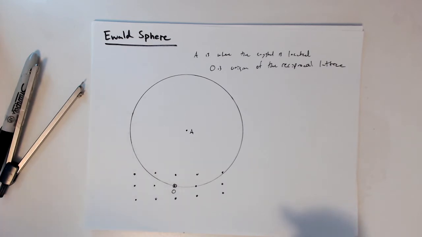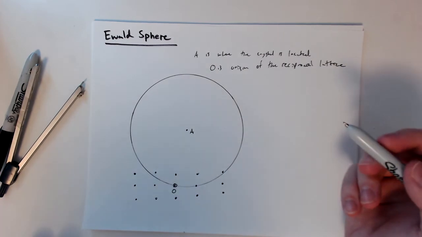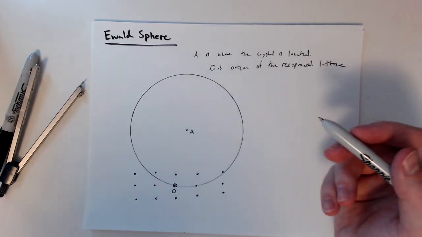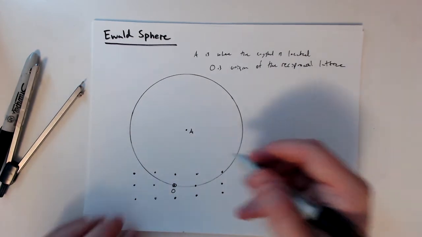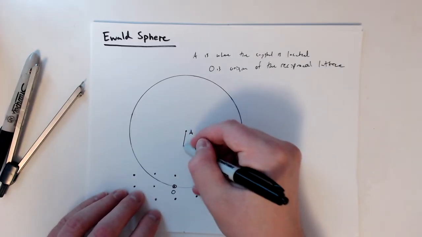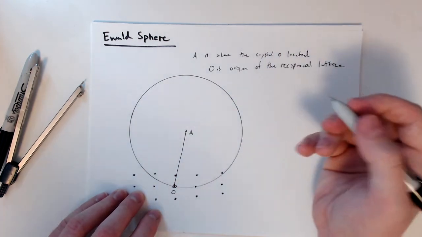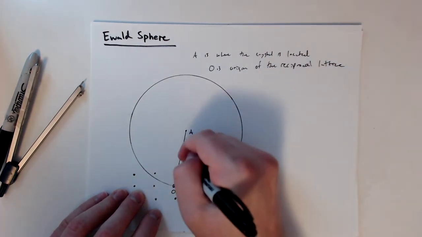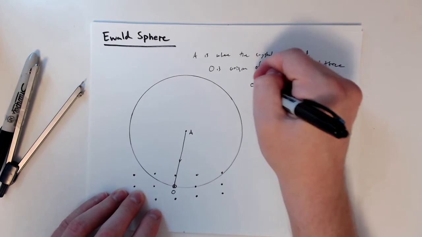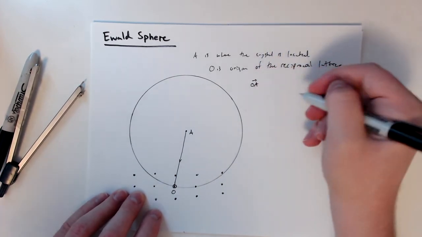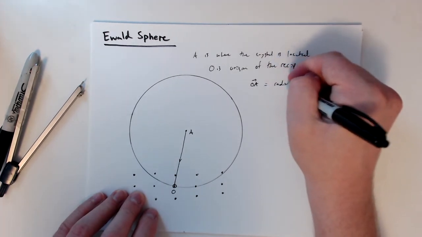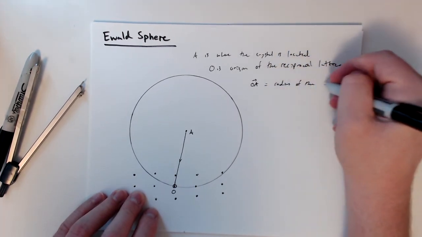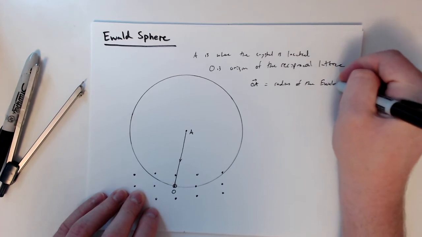The first thing we start with is drawing the circle, where I've assumed a certain distance. The vector from A terminating at O, this vector OA, is the radius of the Ewald sphere.